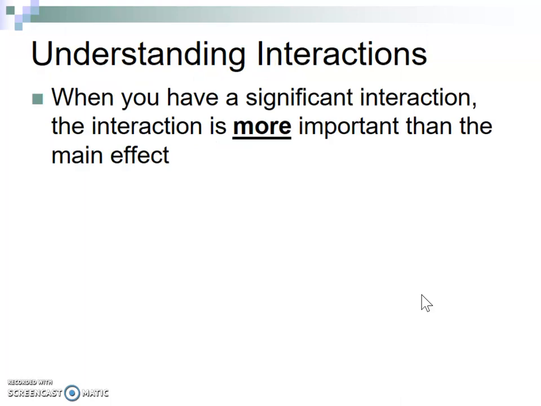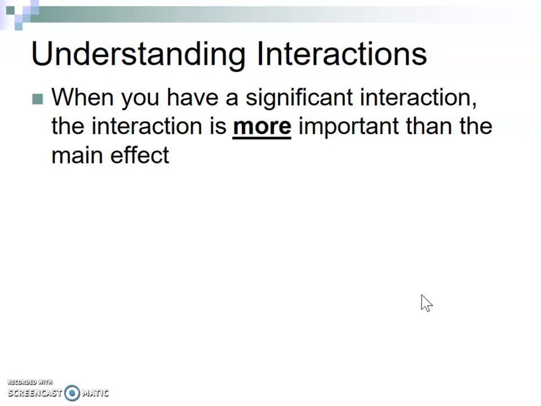Let's talk a little bit more about what that means when we have a significant interaction. When you do have a significant interaction, that interaction basically makes the main effects, if you had any significant main effects, essentially uninterpretable.